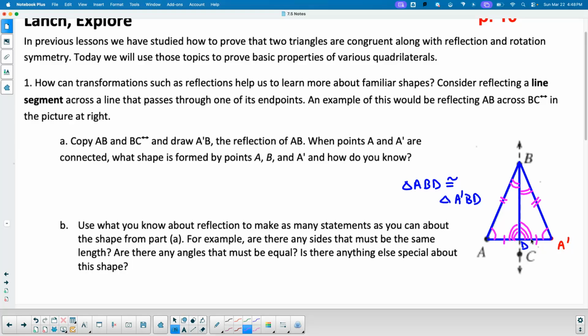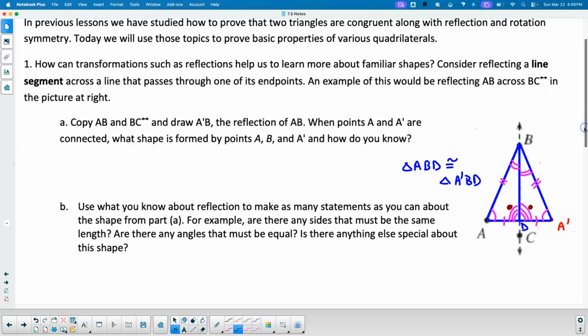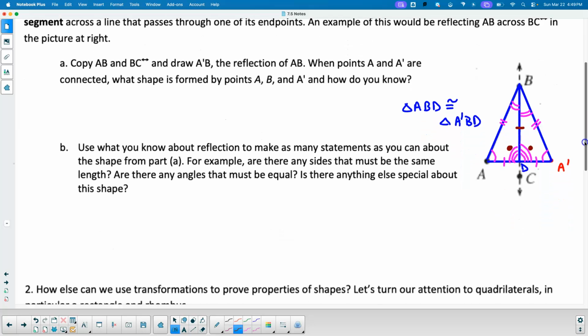So we can't necessarily say that, but we can prove it now because those two angles right here, let me put this angle here and that angle there, because they form a linear pair and they're congruent, now we can say that they are right angles. Okay? We can't just assume that they're right angles. And then the last thing that we would say with that side BD is congruent to itself. Okay?